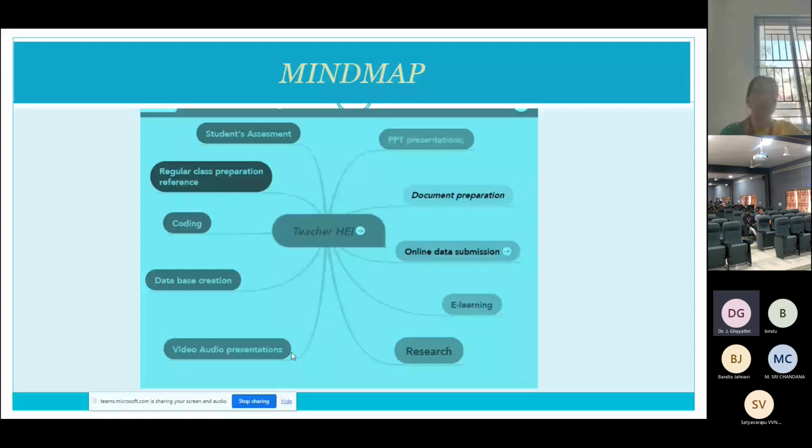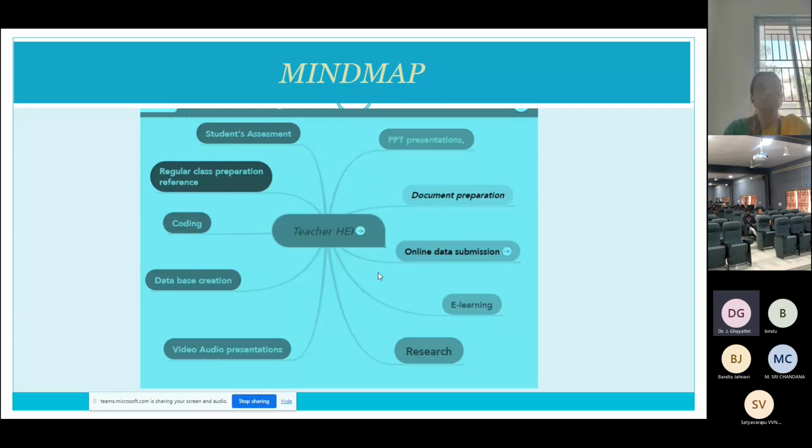There's an example I have done for a teacher in a higher educational institution. These people may do the PPT presentation document. For that presentation, they have to prepare the document, then online data submission, e-learning, research, visual, video, audio presentation, database creation, coding, then regular class preparation, student assessment.